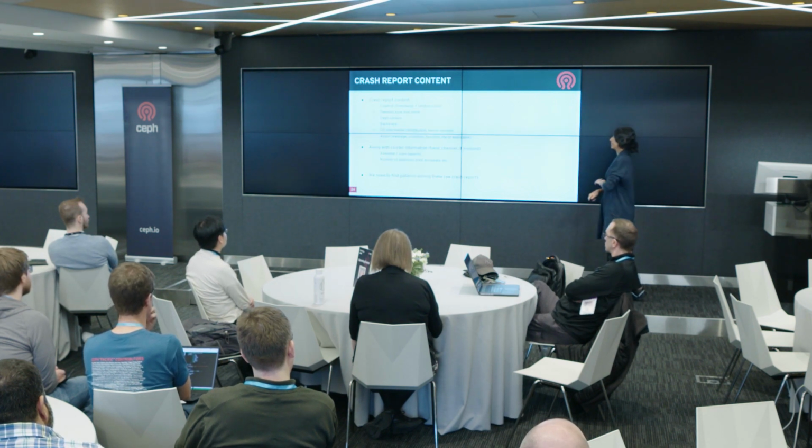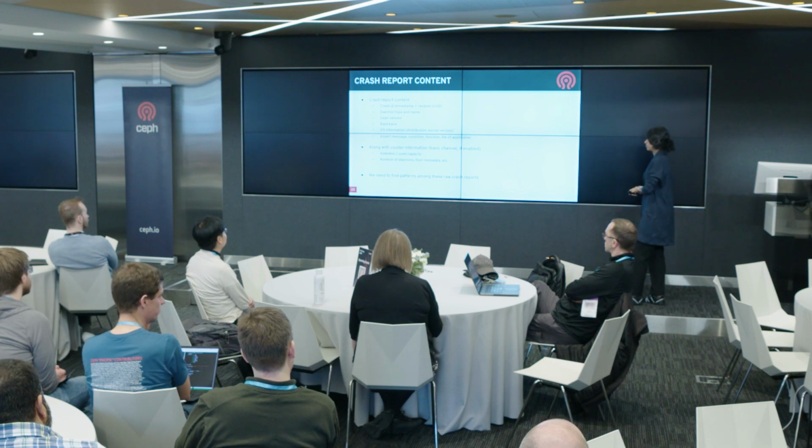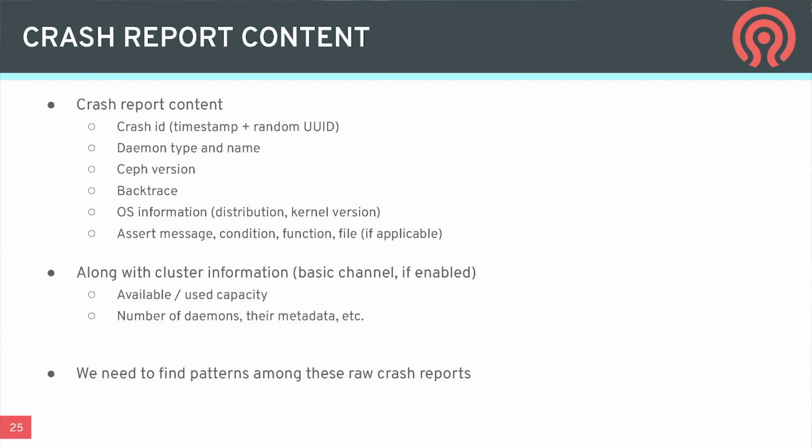I want to talk a little about the crashes. So let's look at what the crash report contains. Each raw crash report that we receive contains a crash ID, which is a combination of a timestamp and a random UID, the daemon type and name, Ceph version of that daemon, the backtrace, some information about the OS, and the assert message and condition, if applicable.